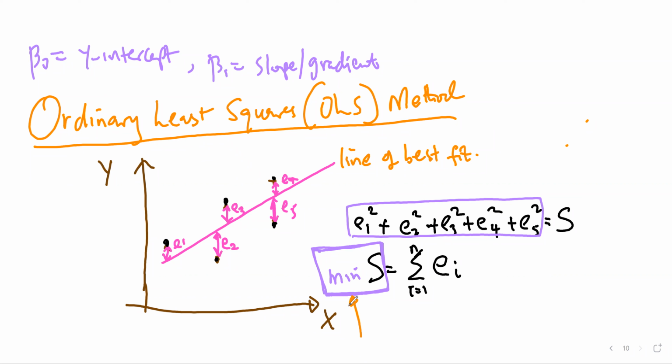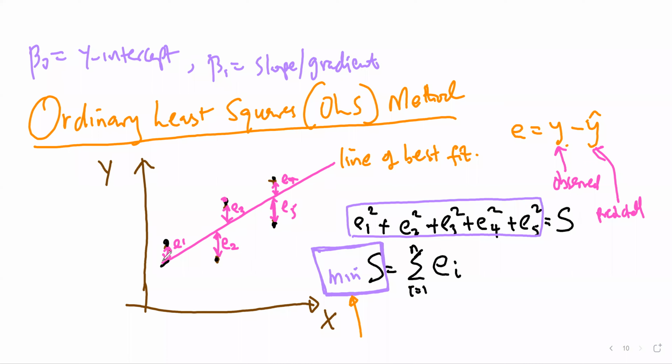And you will notice that what I'm calling E here is Y minus Y hat, where Y is the observed value. That is the point, that dot like this dot here, it's a Y. But this guy here is the predicted value. And the predicted value is represented by this line here.